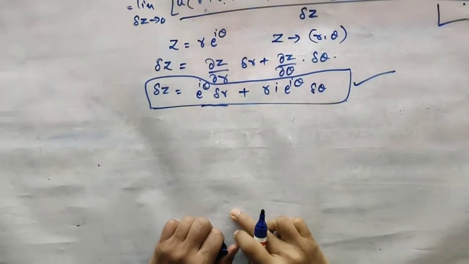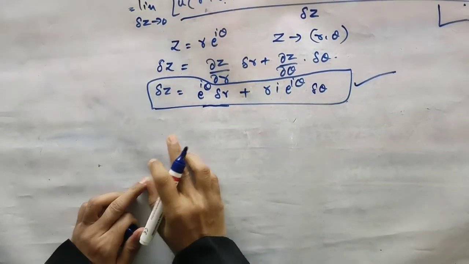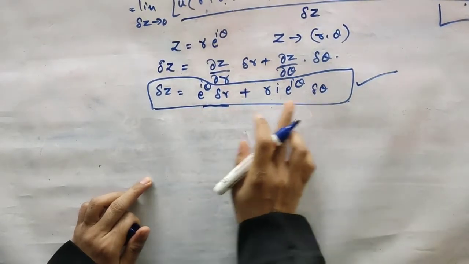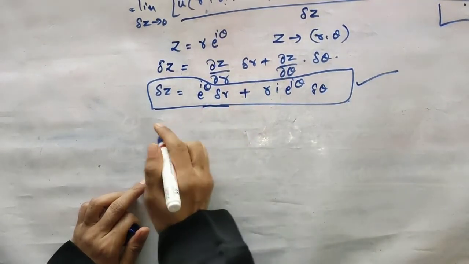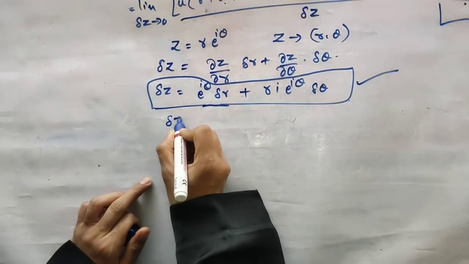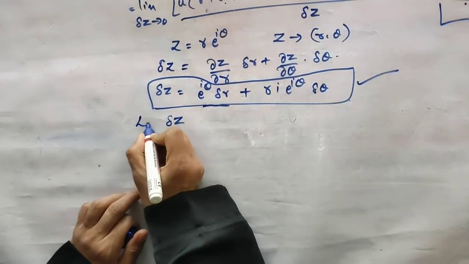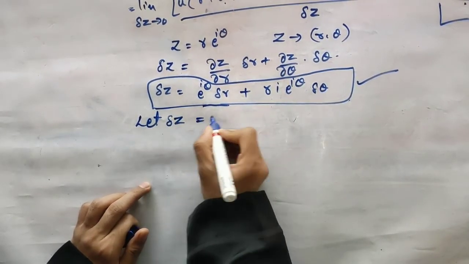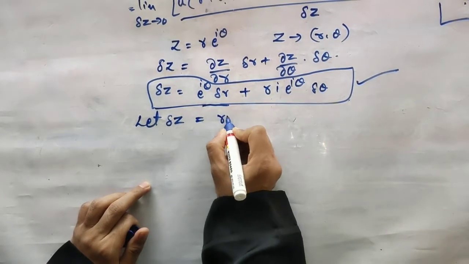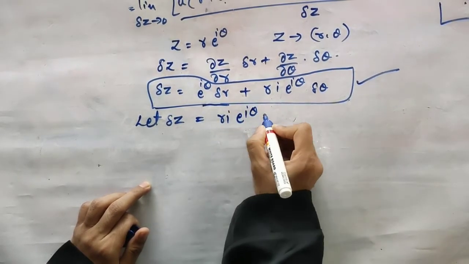Now in the next part, let us consider delta z to be wholly depending on delta theta, considering there is no change in r. So r is going to be constant for me. So let delta z be now this part alone, r into I e to power I theta delta theta.